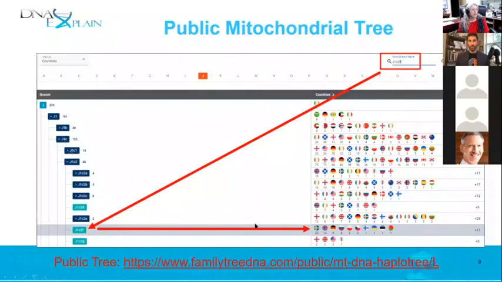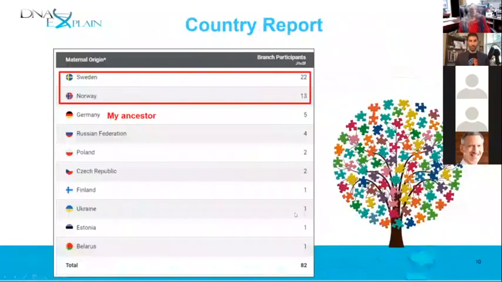And then it shows you all the countries where J1C2F is found in the Family Tree DNA database. And you can see here that it shows you that there are 11 plus 11 here. So you could click on this link and you can get more information, for example, the locations where J1C2F is found, whether I match them or not.